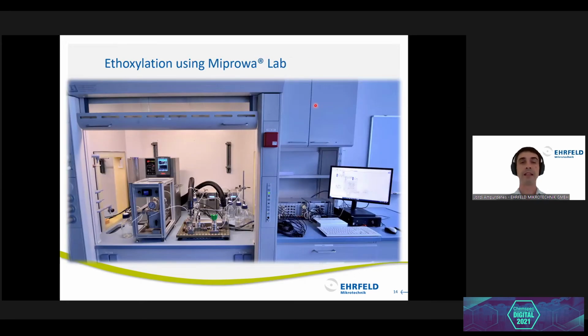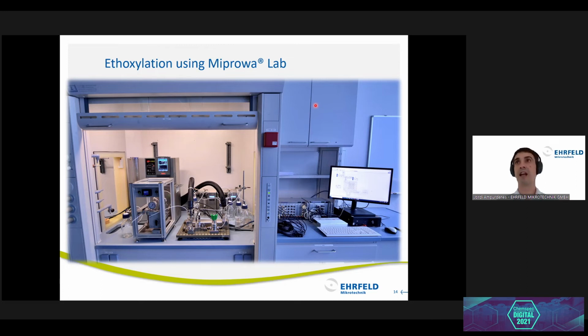In this next slide, I'm showing a picture taken in our laboratories of the setup for ethoxylation using MyProva Lab, the smallest reactor of the MyProva family.